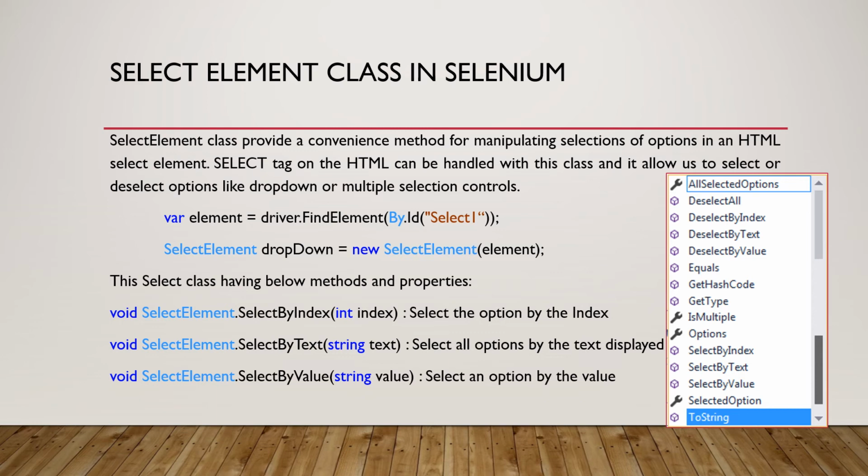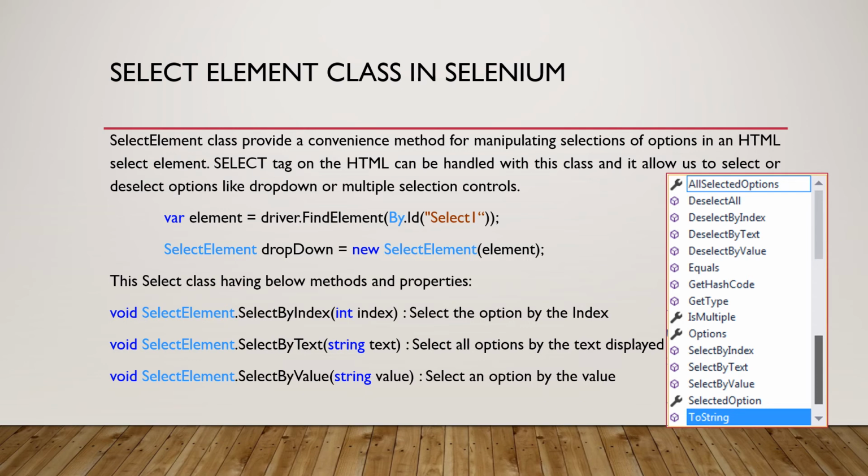This Select class has the following methods and properties. You can see in the attached image all the methods available in the select element: all selected options, deselect all, deselect by index, deselect by text, deselect by value, is multiple, select by index, select by text, select by value, and options.